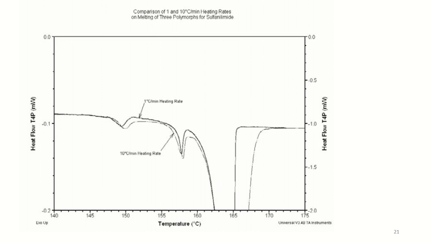In this diagram, we can clearly observe very little effect on the number and shapes of melting peaks, except for slight broadening of the large peak at 165 degrees Celsius. So we are unable to distinguish the peaks of different polymorphs of sulfonamides.